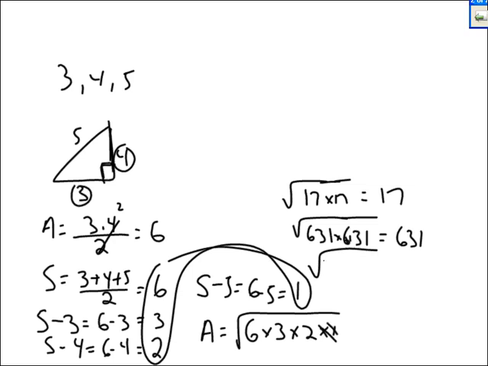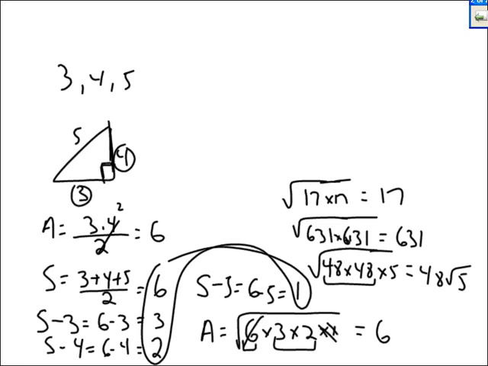And the square root of 48 times 48 times 5, well, the square root of that product is 48 times the square root of 5. And I see a 6 there, and I see a 6 there. The square root of 6 squared is 6. Now you can multiply it out and go 6 times 3 is 18, times 2 is 36, and the square root of 36 is 6. Go for it. But you're still going to get 6.